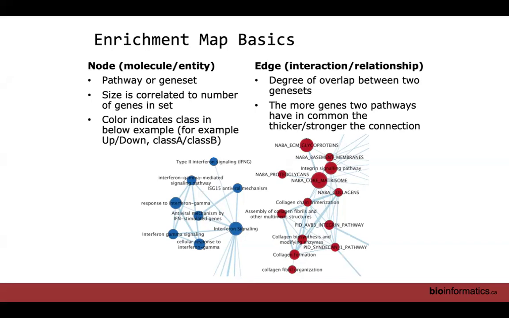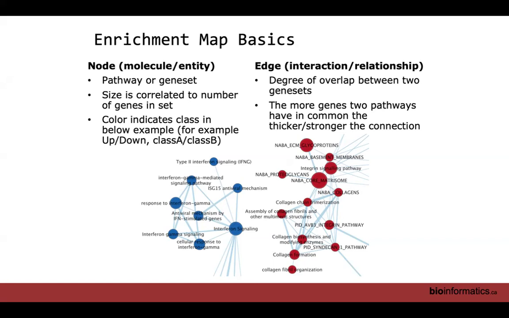And if we want to summarize it a little better, we actually want to summarize it according to theme or according to overall view, right? So now, instead of an individual node being an individual protein, an individual node is a pathway or a gene set. And the connection between those is the number of genes they have in common.